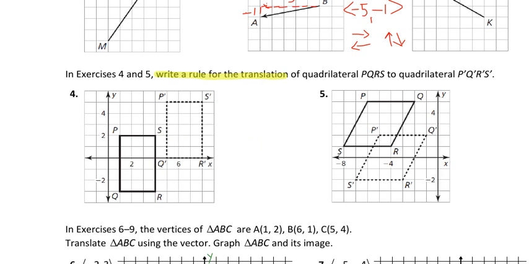It's very simple because we know that the symbol prime, like this here, is used to represent the image. So whatever you see, P prime, Q prime, R prime, S prime, that's going to be the image. So in this case, here we see S prime, R prime, P prime, Q prime. So this one is the image.